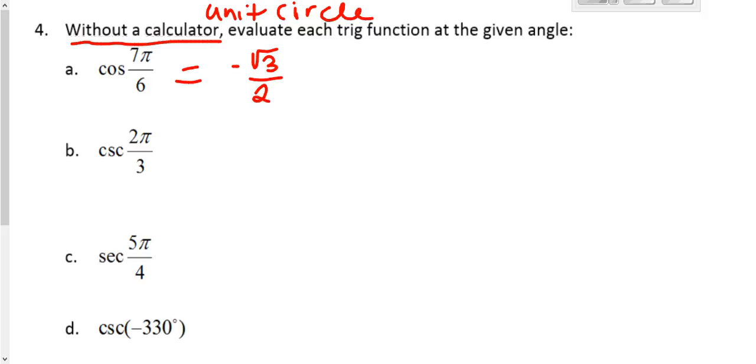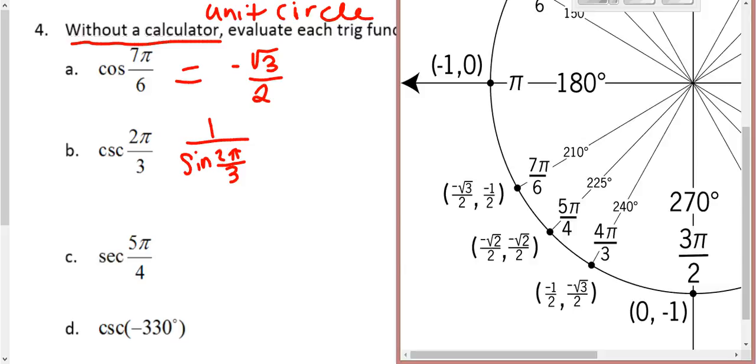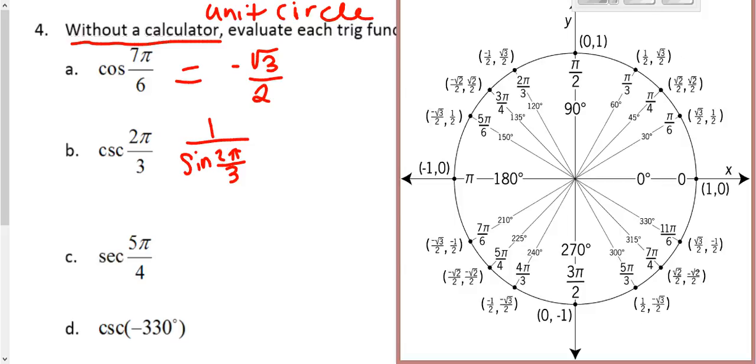Okay, next we have the cosecant of 2 pi over 3. So when we see cosecant, that means 1 over sine of 2 pi over 3. So I'll pull that unit circle back up. We have the sine of 2 pi over 3.